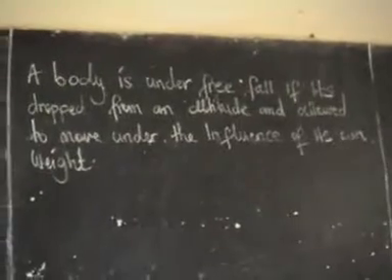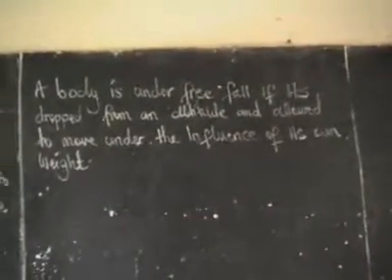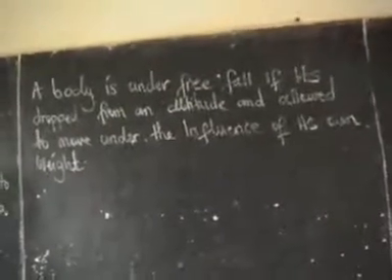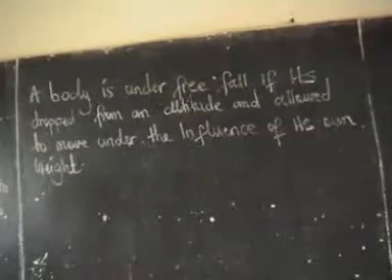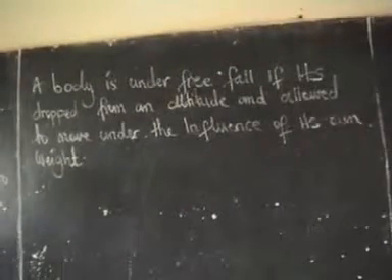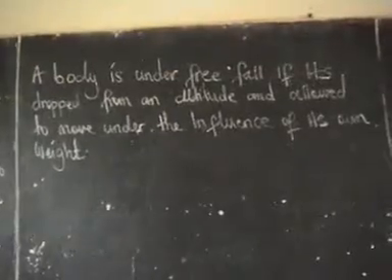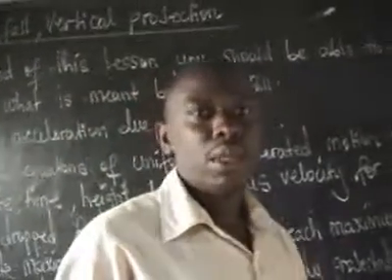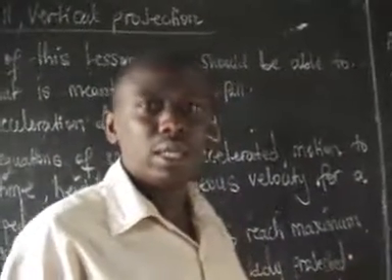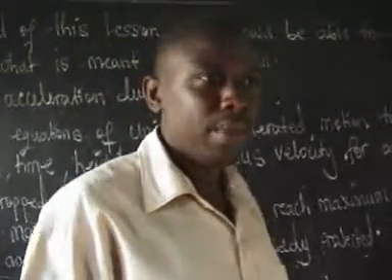The funny thing is that when bodies are dropped, they will all be attracted towards the Earth's surface. They will all move with the same acceleration. This means that if bodies of different masses are dropped from a given altitude, they will all fall at the same rate and reach the ground at the same time.